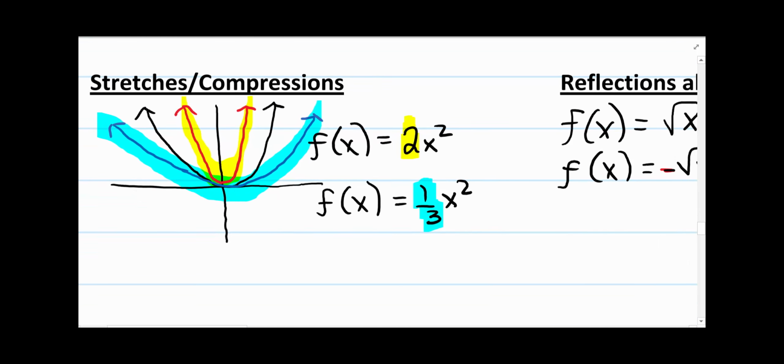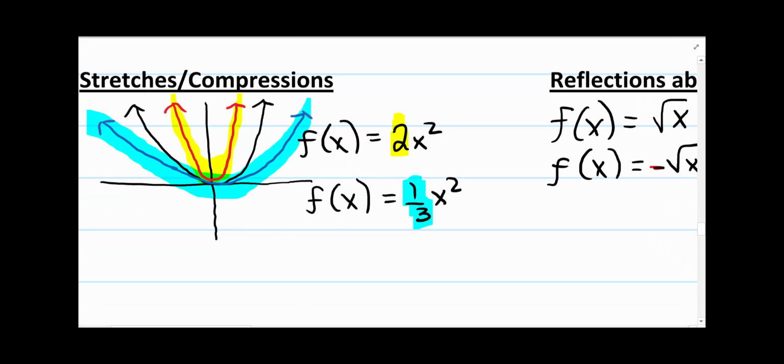Stretches and compressions. So if the original function, I didn't draw that one very well, f of x is equal to x squared, an integer multiplying by the x squared function causes it to be more steep.